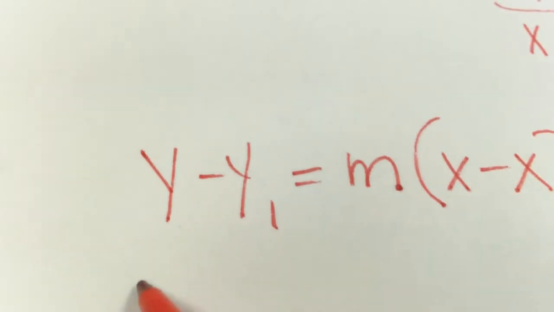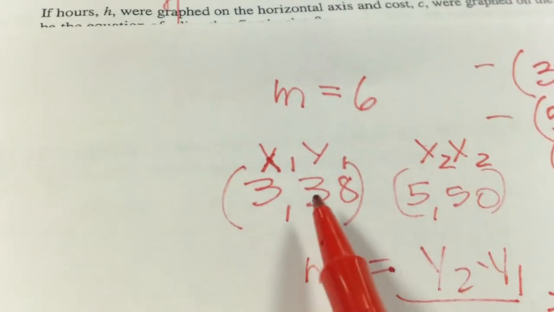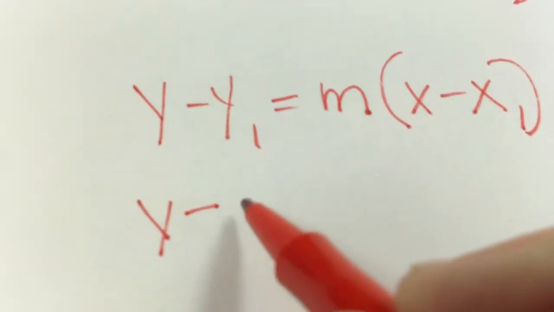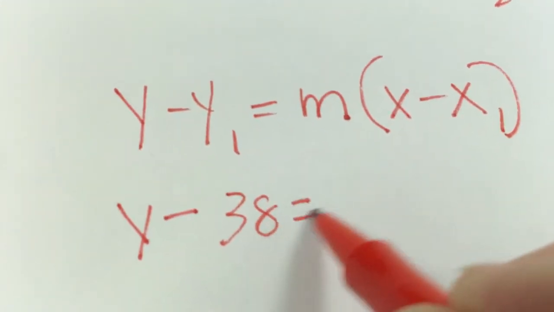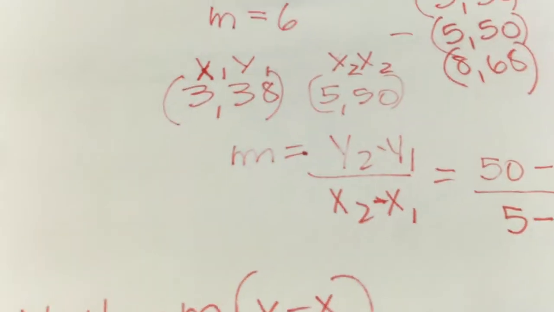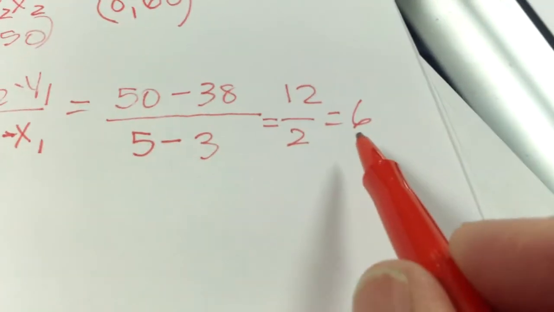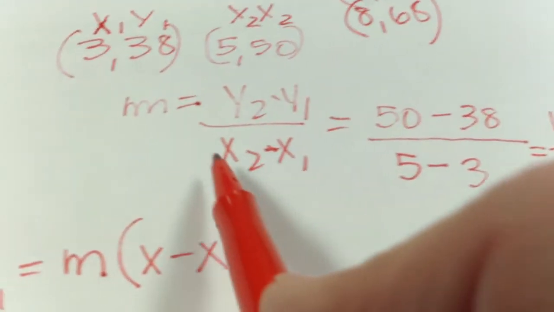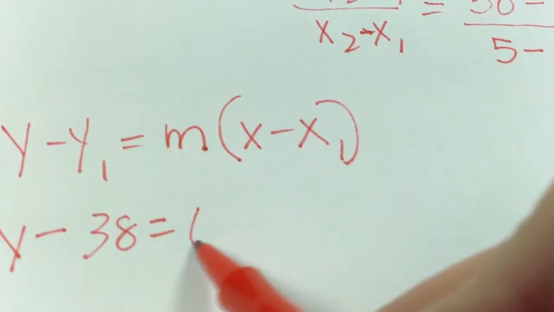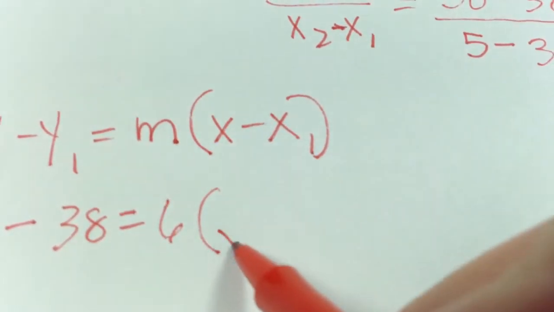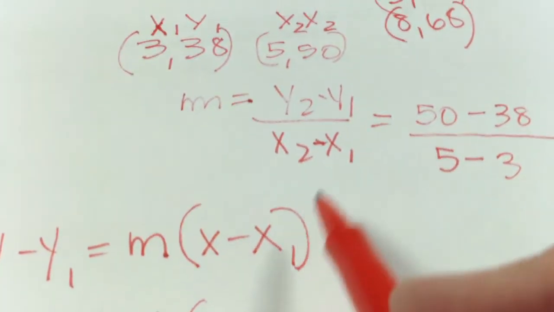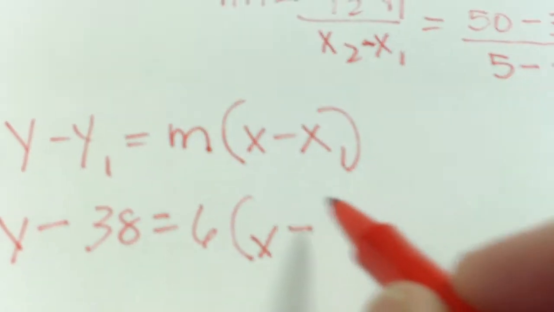This is plain old y, and we're going to subtract y sub 1, which is 38, and that's going to equal the slope, which we just determined to be 6, times the quantity plain old x minus x sub 1, which is 3.